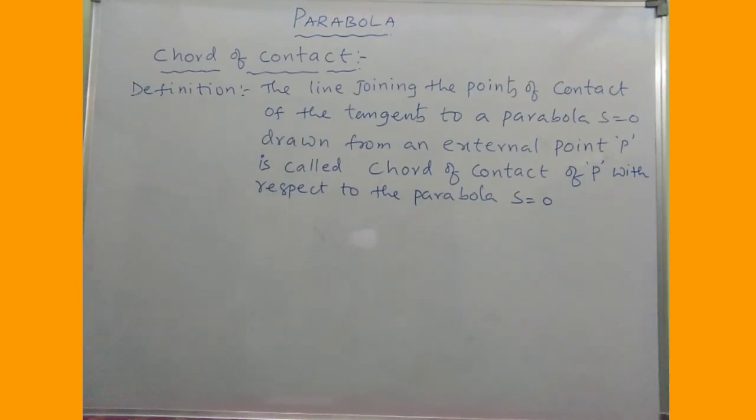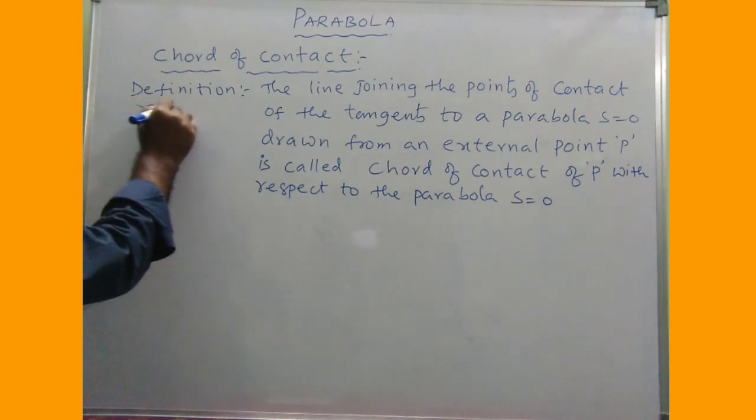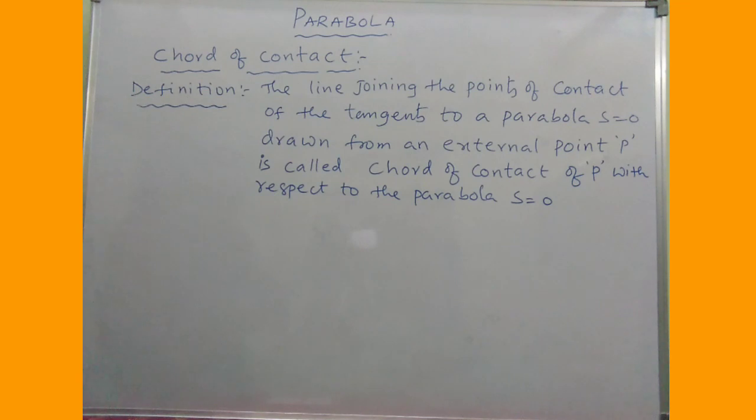So first of all, look at the definition of chord of contact. The line joining the points of contact of the tangents to a parabola S equals 0 drawn from an external point P is called the chord of contact of P with respect to the parabola S equals 0.